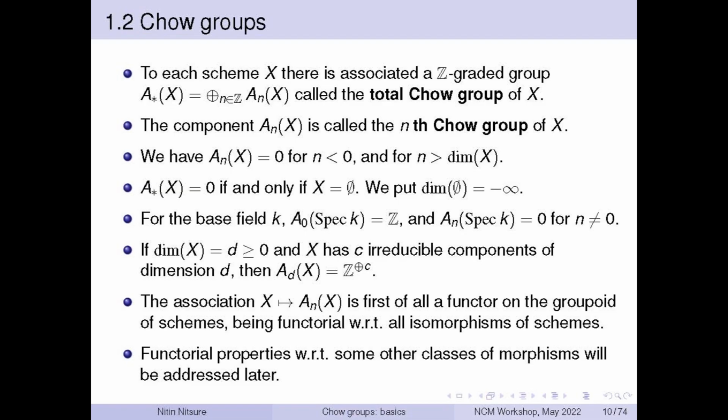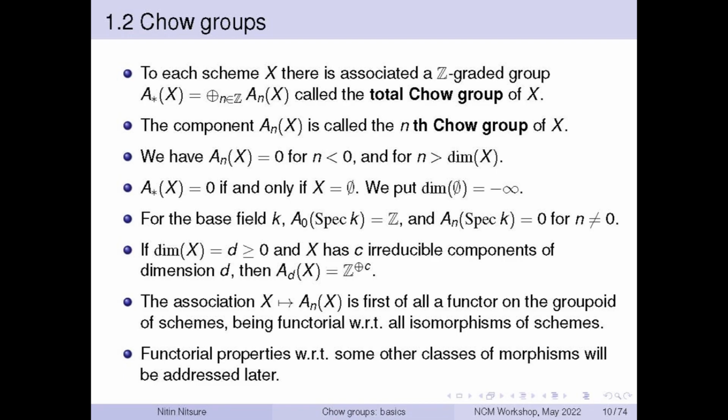Now this association, to X you attach its nth homology, is a functor, but to talk about a functor I have to tell you with respect to what morphisms, because I have told you my objects are algebraic schemes, and morphisms are all over K. So this is not a functor in some unrestricted manner, where you take any morphism of algebraic schemes and then you have certain graded homomorphisms of the Chow groups.